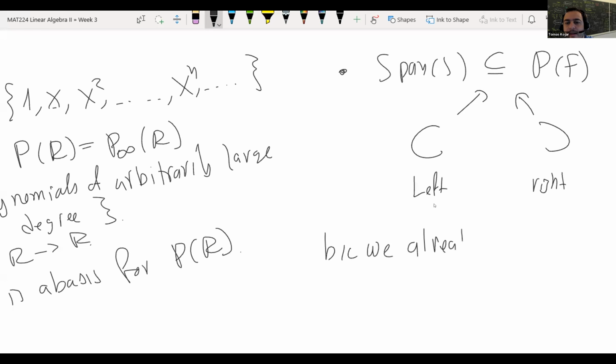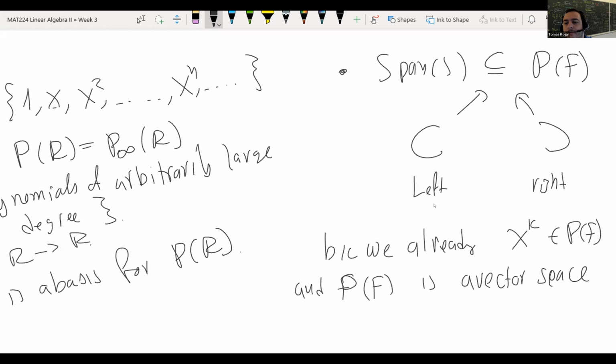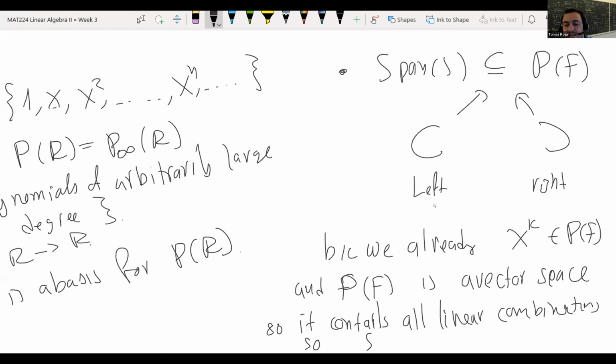We already have that xk is in the PF, and PF is a vector space. So it contains all linear combinations. So it contains the span, which is all linear combinations.